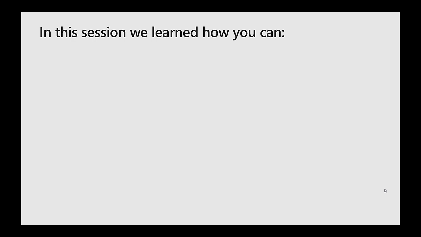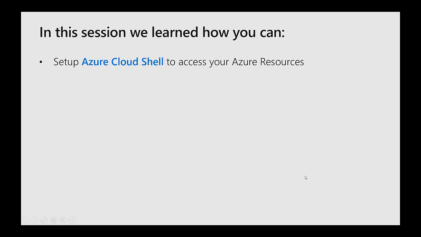And that about covers it for our session today on Azure Cloud Shell to access resources and work with resources in Microsoft Azure. So we covered how to set up Azure Cloud Shell to access a resource and do the initial configuration. Along with that, we showed you how to search for tools within the console, both PowerShell and also the built-in commands.